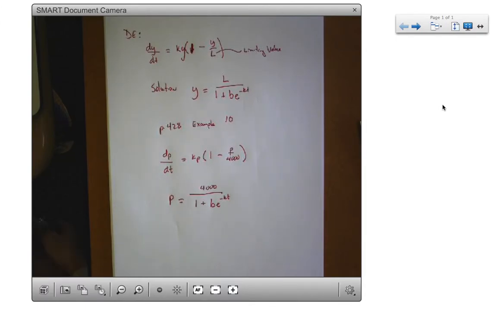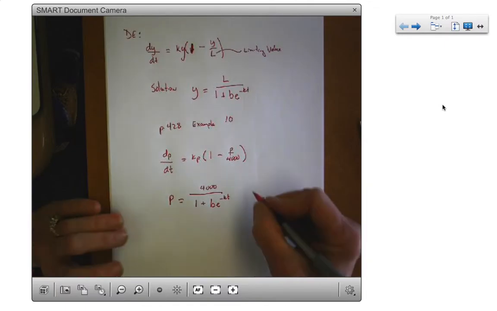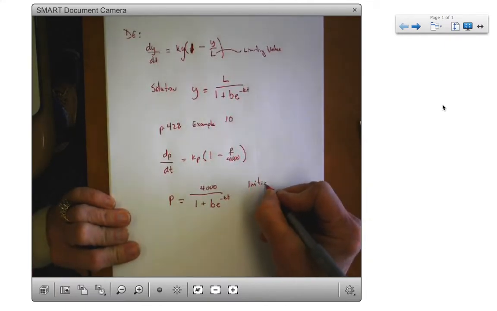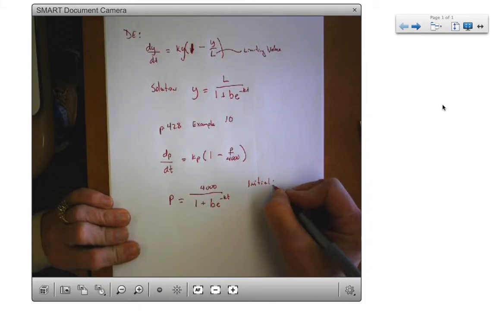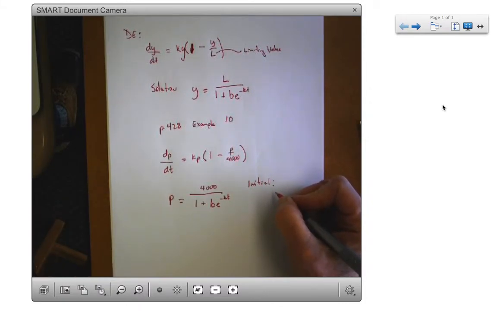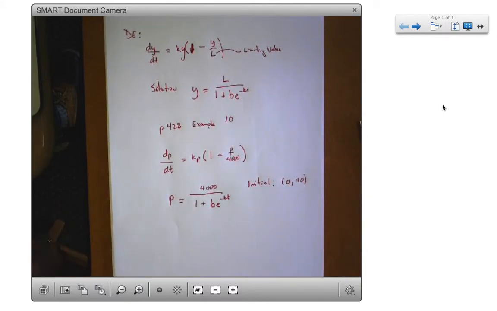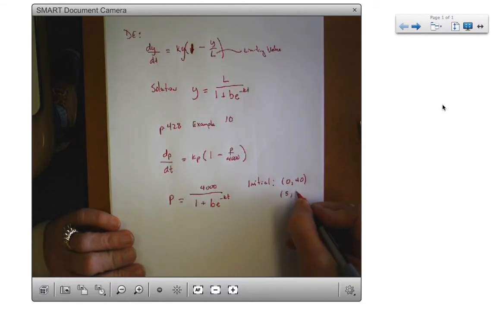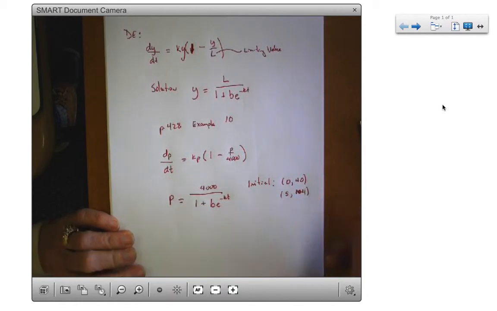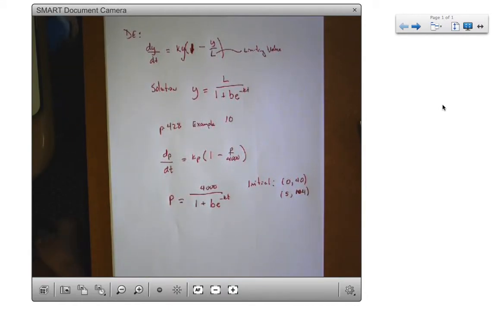All right, so I know the initial population, my initial value. The initial amount introduced into the refuge was, at time 0, 40 elk. And then after 5 years, there were 104 in the particular environment where they were observing this population.